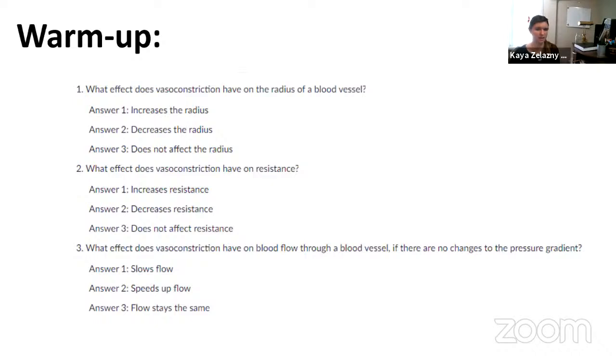So something small has more resistance. And the effect of that is related to our equation that I drew on the board over and over again, and I'm going to do it again right now. All right. So our equation, right, is that flow is equivalent to the difference in pressure divided by our resistance.